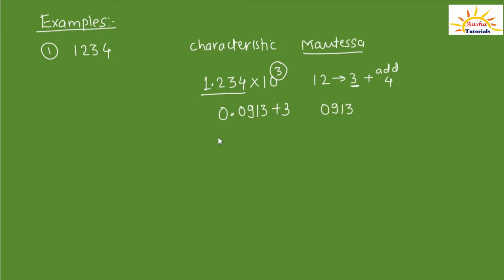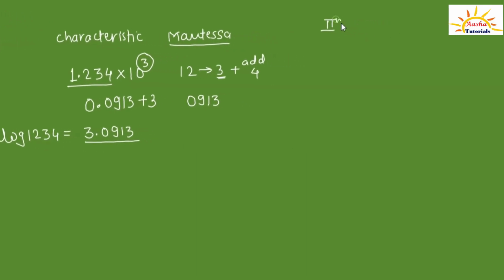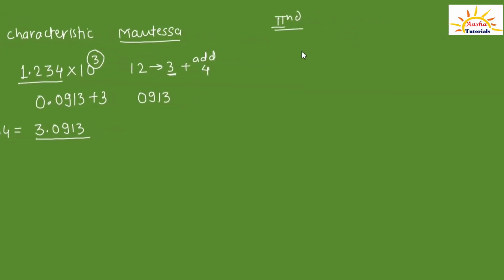So finally we get this answer, 3.0913. So the log of 1234 is equal to 3.0913.